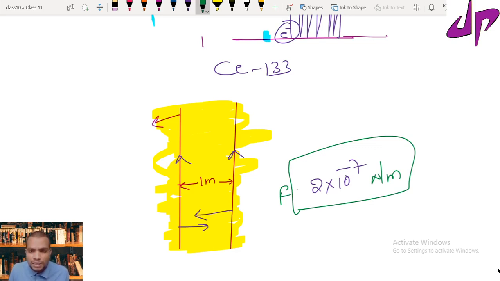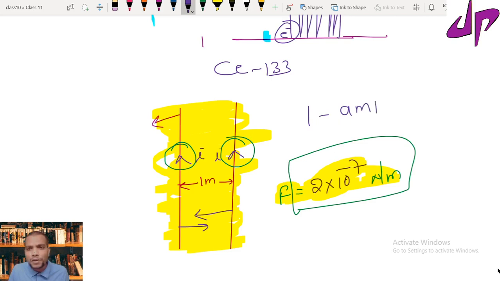To apply this much force on each, how much current should pass through them? If they can apply a force of 2 into 10 power minus 7 Newton per meter, then how much current is needed? That current we define as 1 ampere.